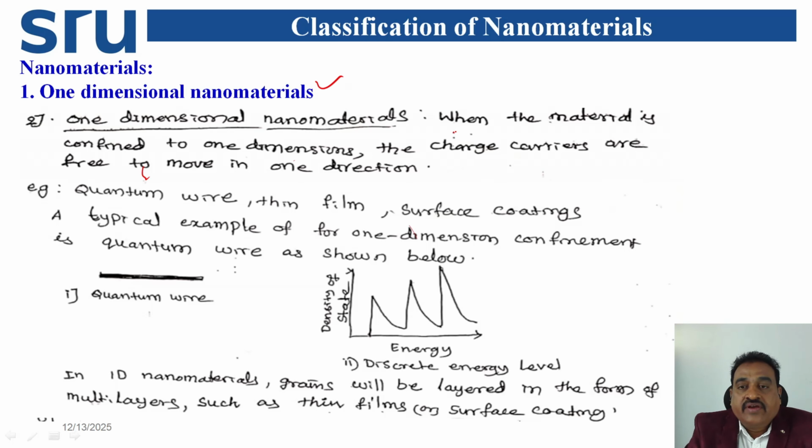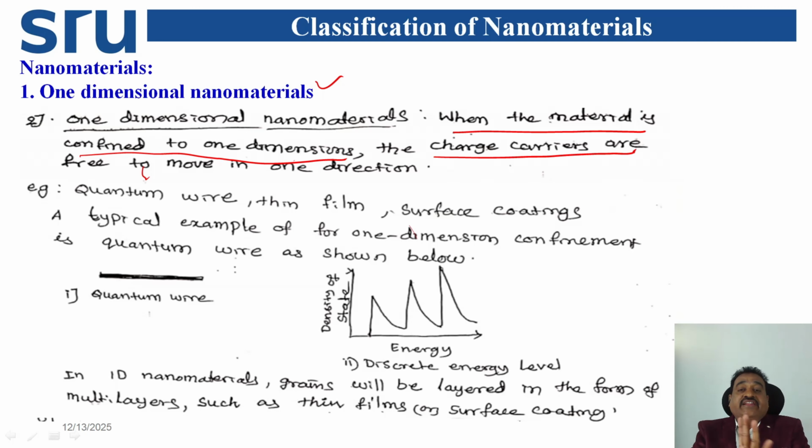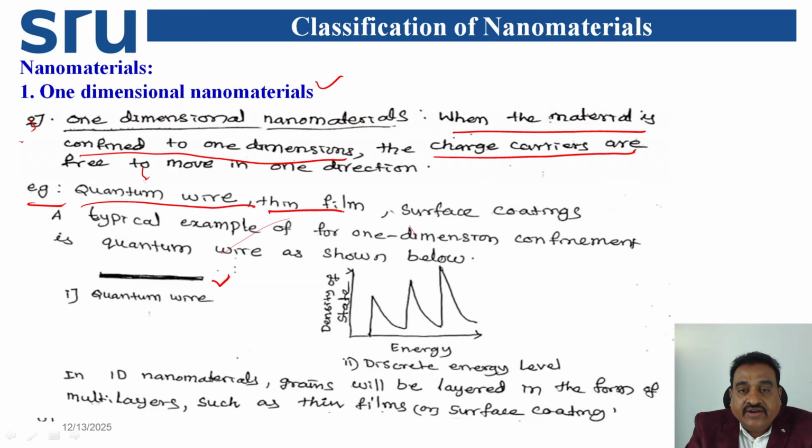When the material is confined to one dimension, the charge carriers are free to move in one direction. What are the examples? Quantum wire, thin film, and surface coatings.